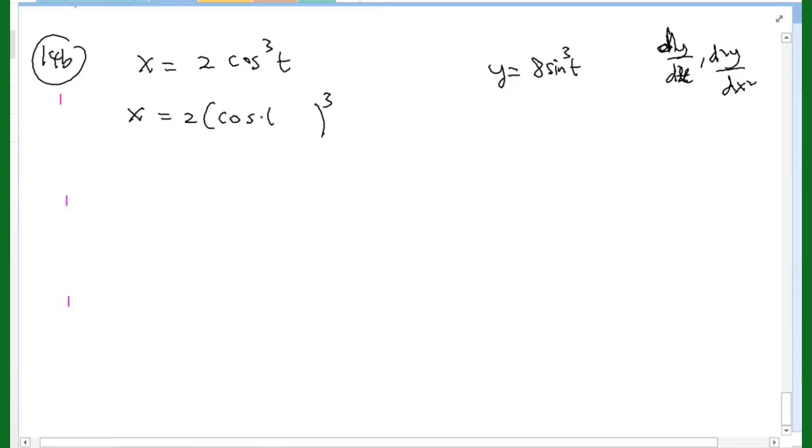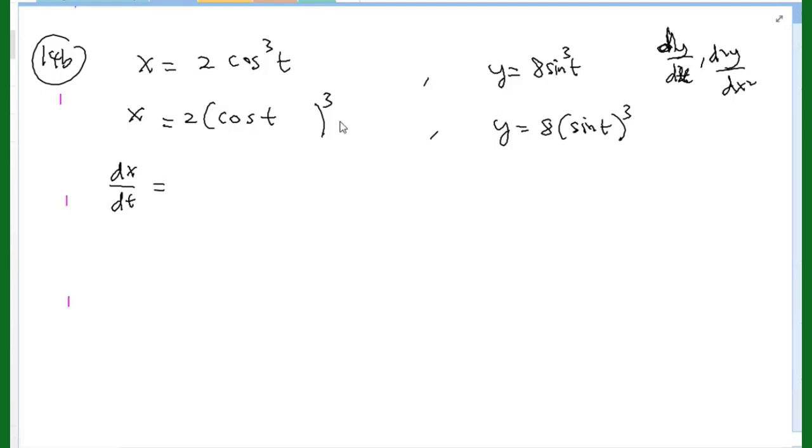So x is 2 cos t cubed, y is 8 sin t cubed. So now apply differentiation from outside to inside. Okay, from outside to inside. So this is the power outside.